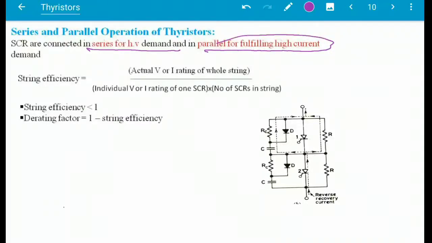In parallel or in series, this is called the string, and the string efficiency is always the actual rating of the whole string divided by the individual rating.